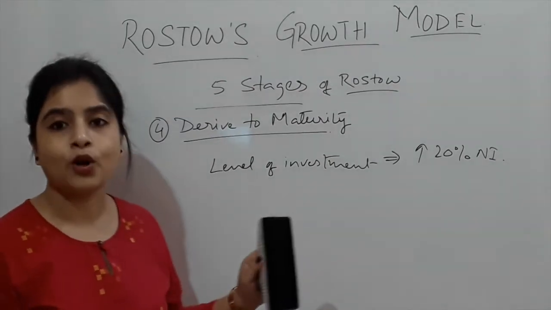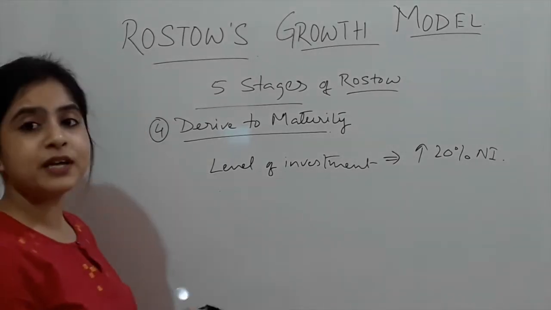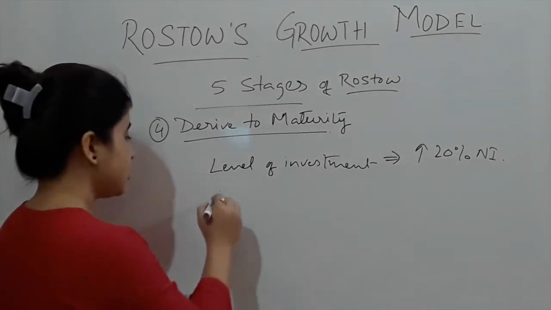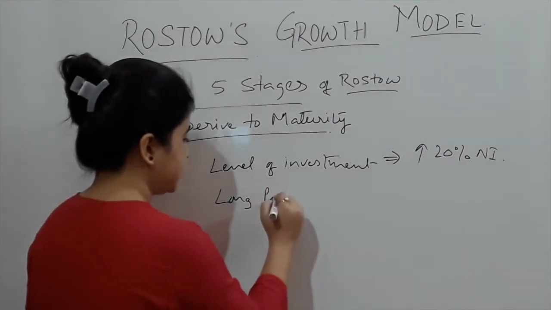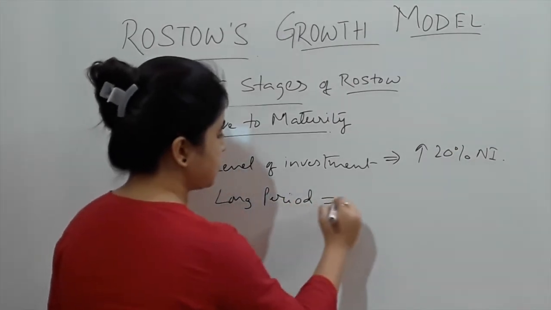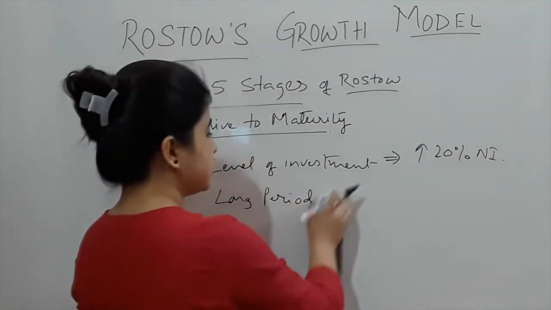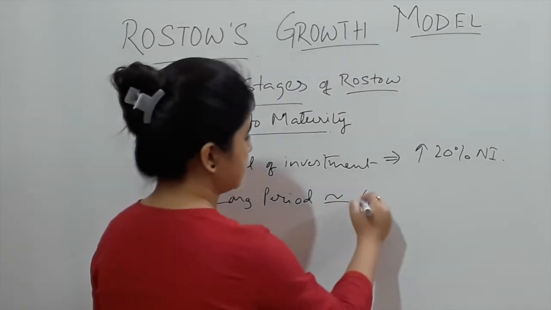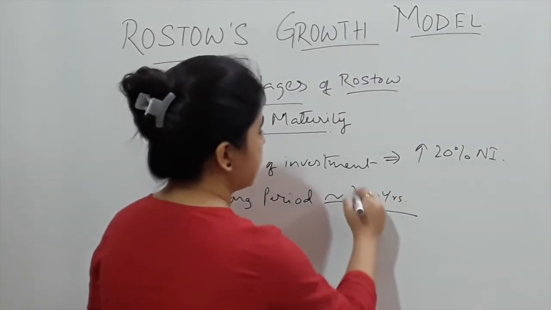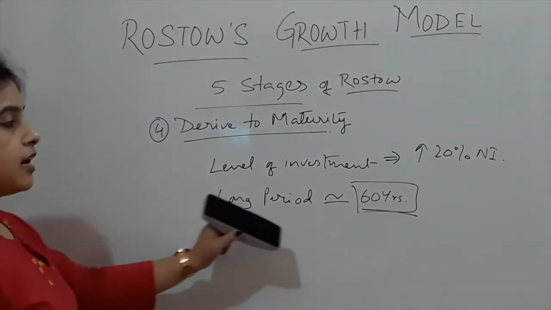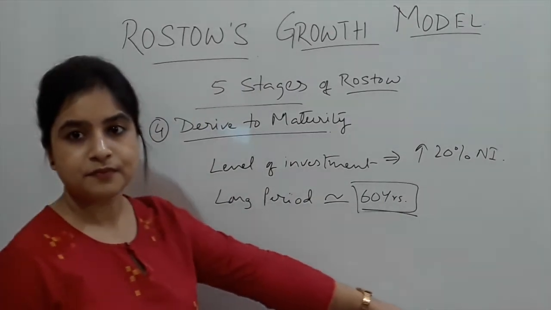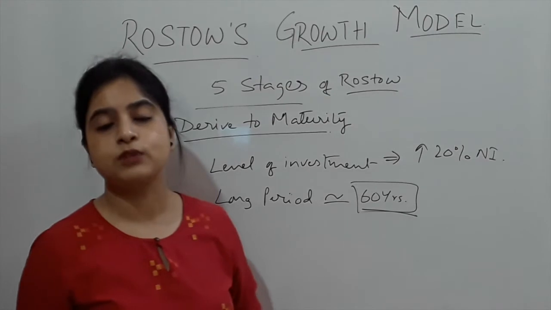And as I have mentioned, this is a long period, so it is assumed that it takes approximately 60 years on average. Okay, this is the drive to maturity stage.